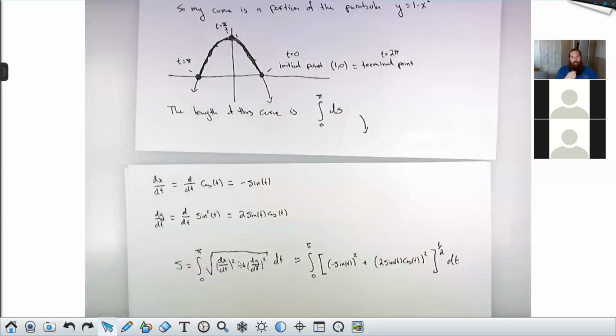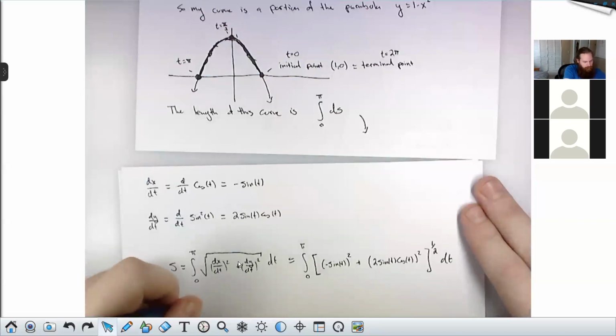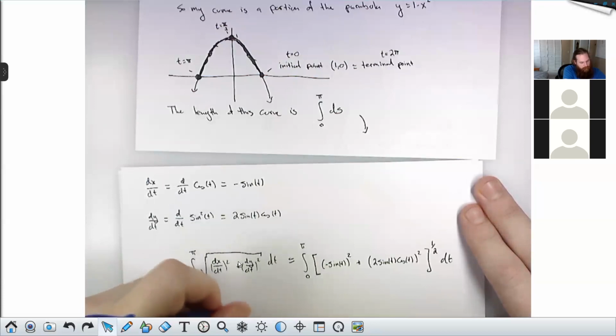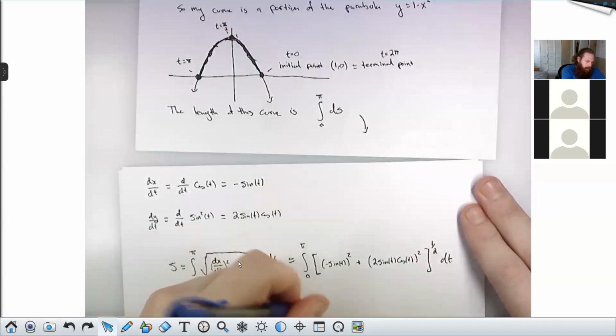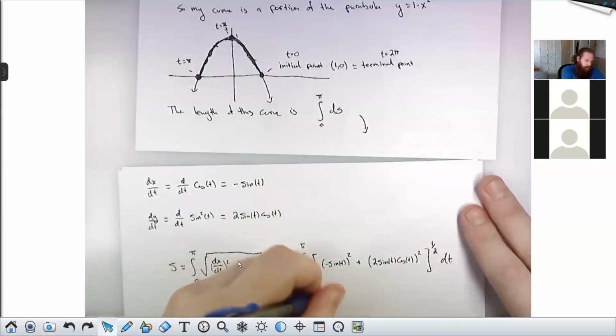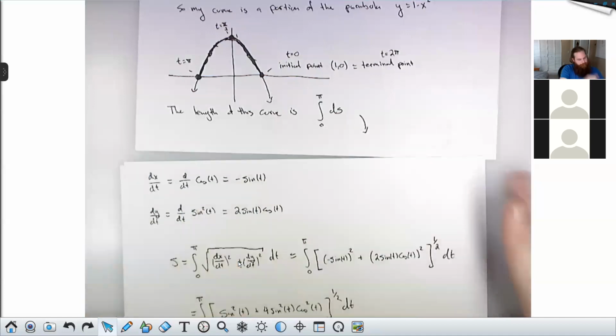So that's sine squared plus 4 sine squared cos squared. And already I'm getting nervous because I'm not sure we can do this. Let's see, I could factor a sine squared, and then I'd have the square root of 1 plus 4 cos squared t. Yeah, I don't think so.